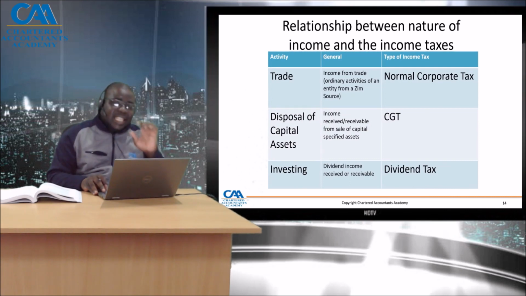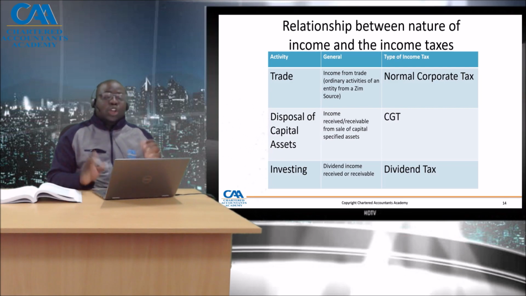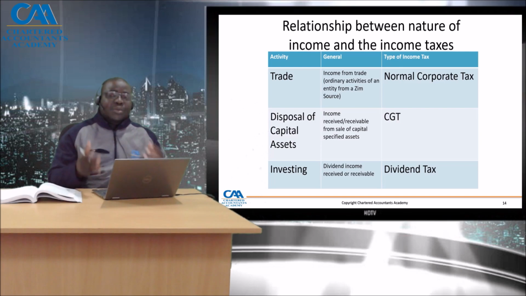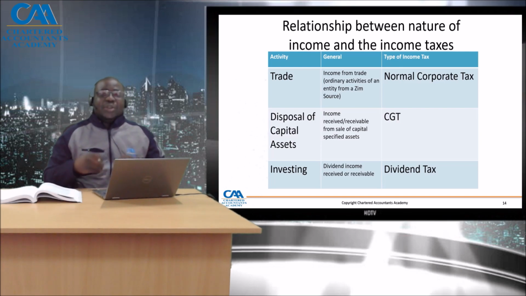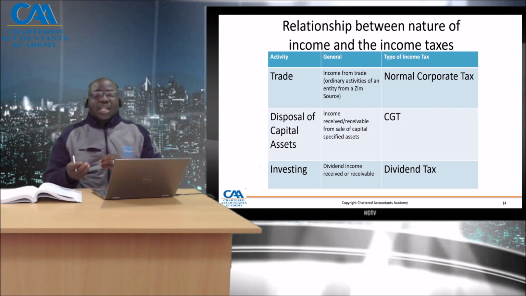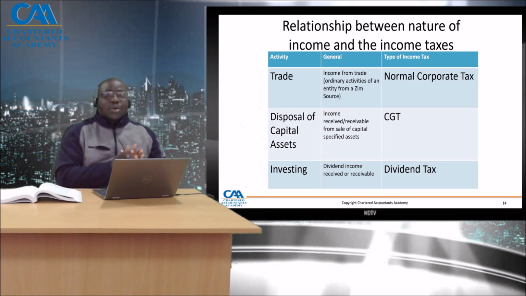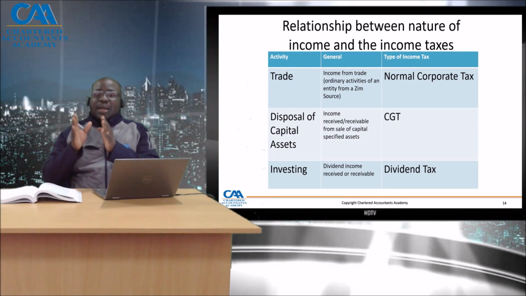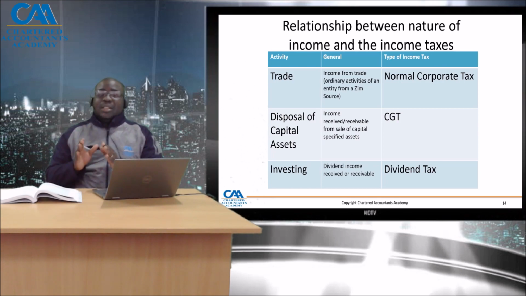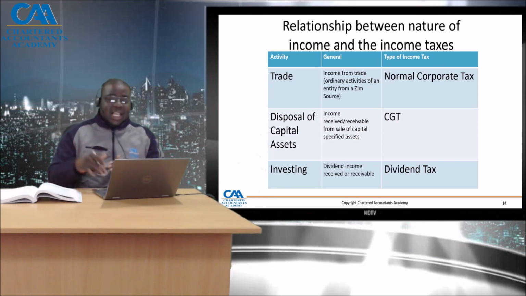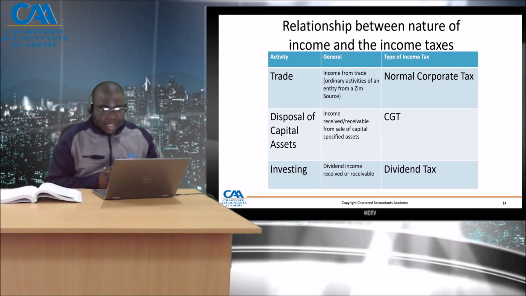So the Capital Gains Tax Act specifies certain assets that will generate or trigger capital gains. Not all assets will trigger. As an example, if I sell my car, or if an entity sells its vehicles, that would not cause capital gains tax. But if an entity sells land and buildings, which are specified assets, that could cause capital gains tax.